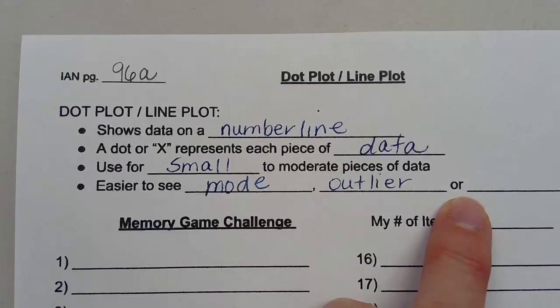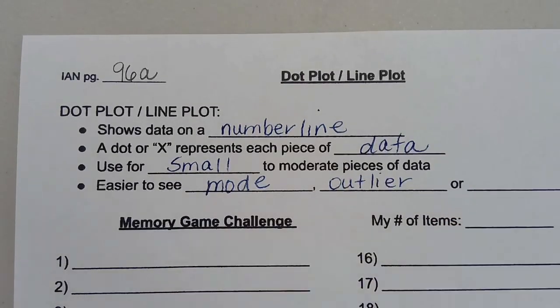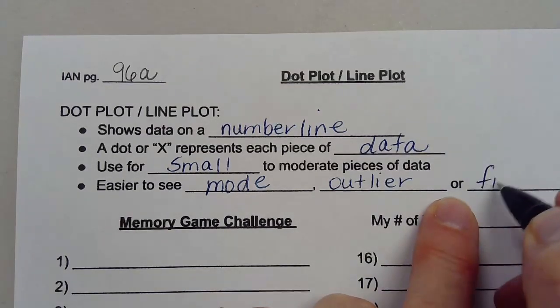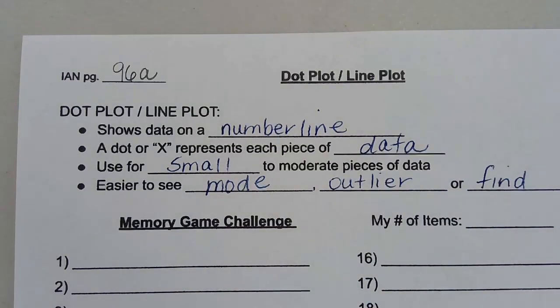And finally, we could also find this because I can see the smallest number and the largest number. What do I do with the largest and the smallest number? What is it called? What am I looking for? Raise your hand if you can tell me so I can give you bonus points. If I have the biggest number and the smallest number, what am I doing with them?